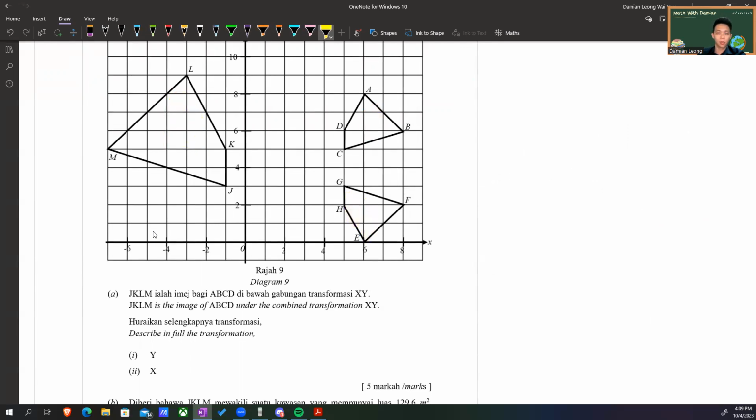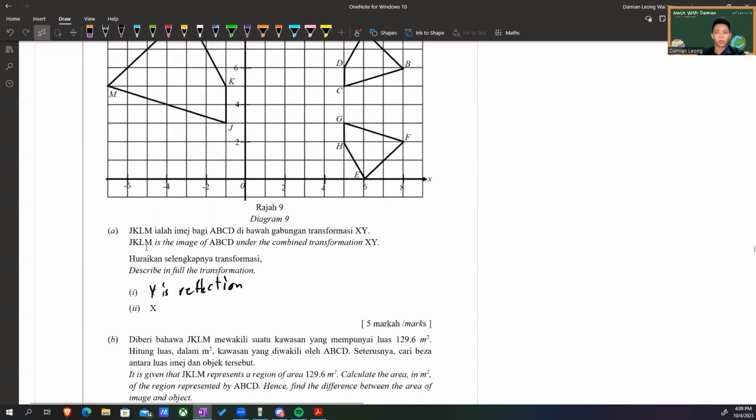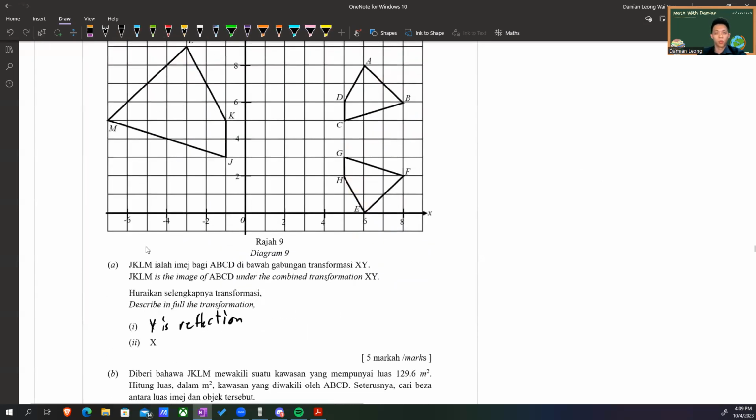So I want transformation Y and X. Transformation Y, from here to here, is reflection on the line. It's a horizontal line here, so line y equals 4.